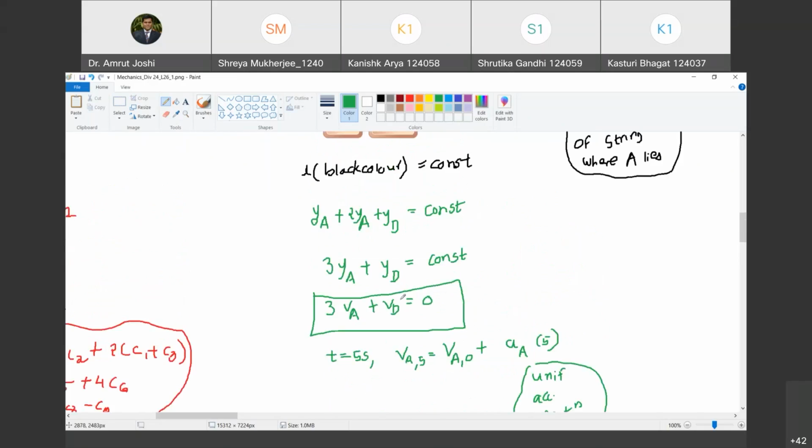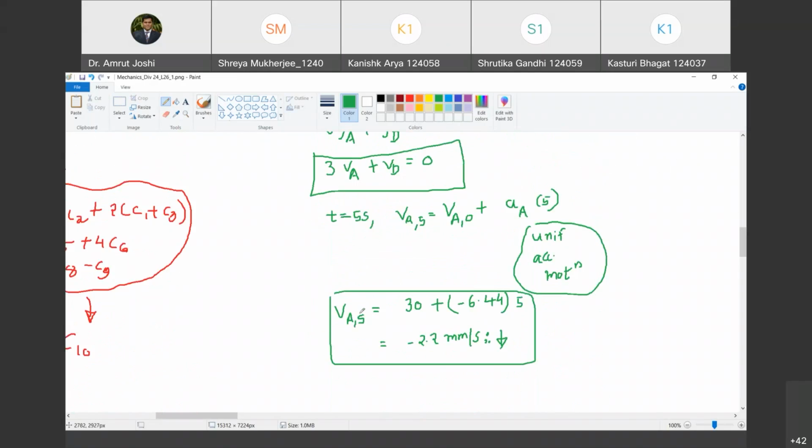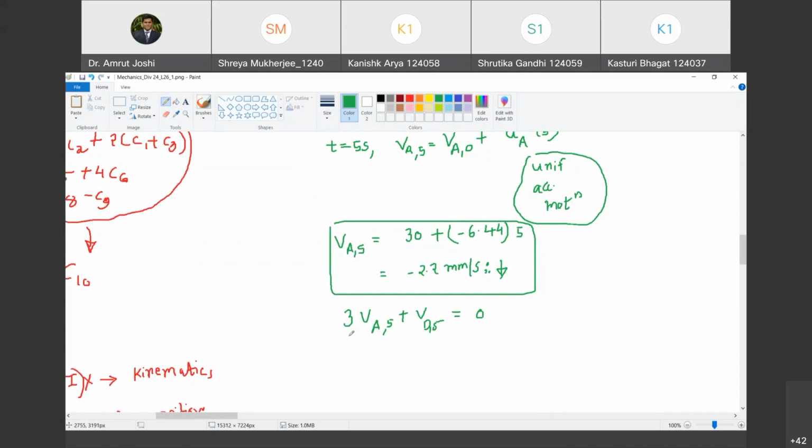Now, can we find out the velocity of D at 5 seconds? Yes, because 3 times the velocity of A at 5 seconds plus the velocity of D at 5 seconds must be equal to 0. Happy? Yes, sir. So what is 3 times minus 2.2?